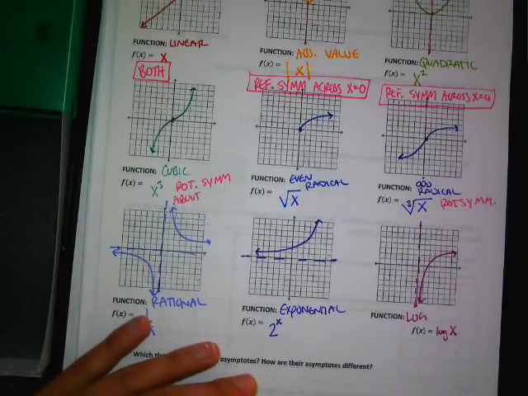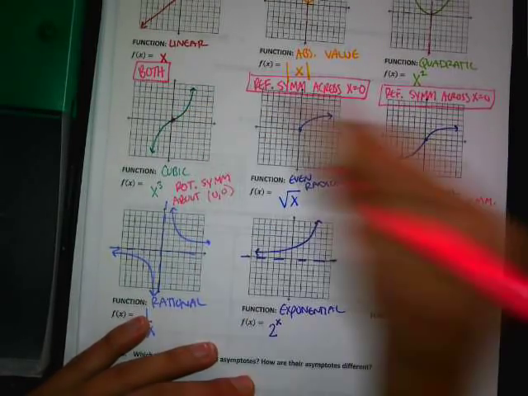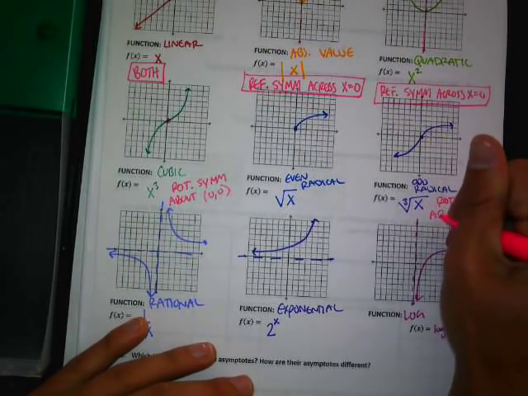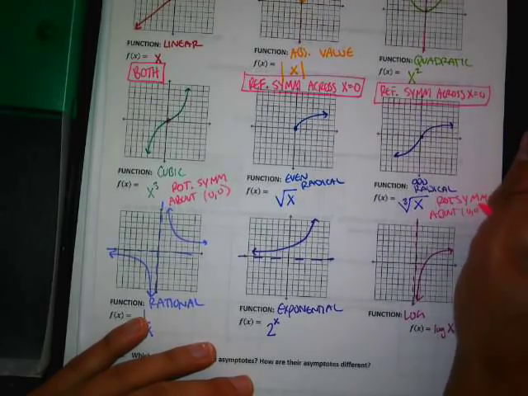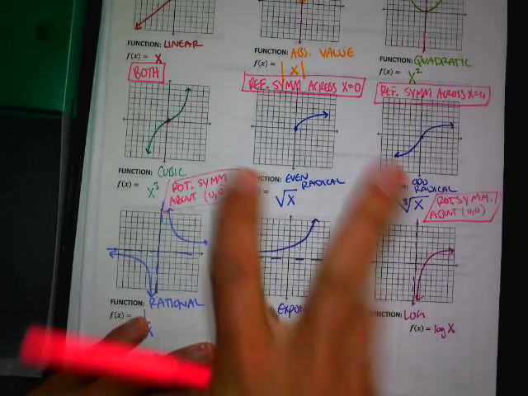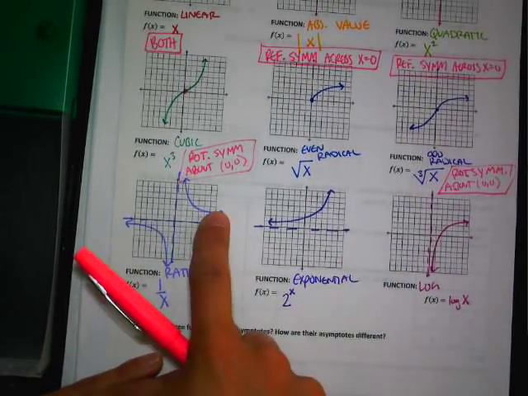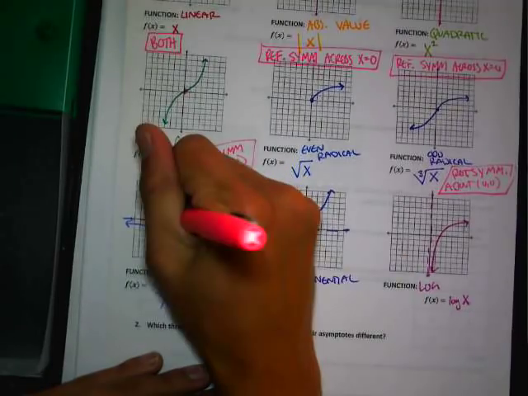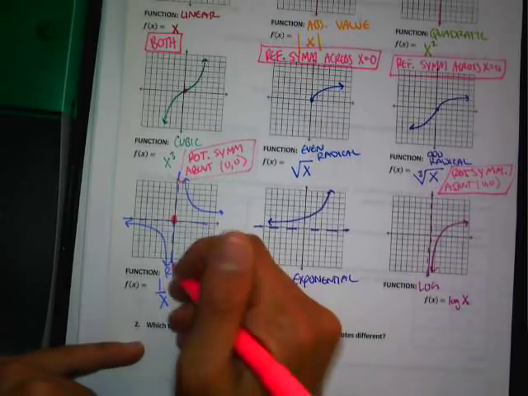So about 0, 0. So the 2 ones that look like S's, and also the rational one. If you rotated the rational right here where your asymptotes match up, it would rotate.